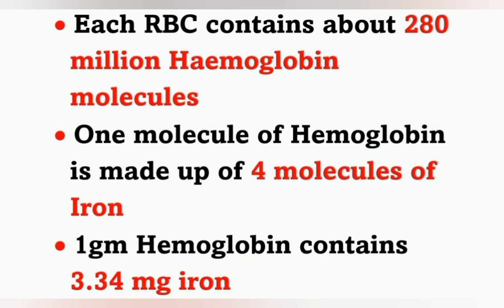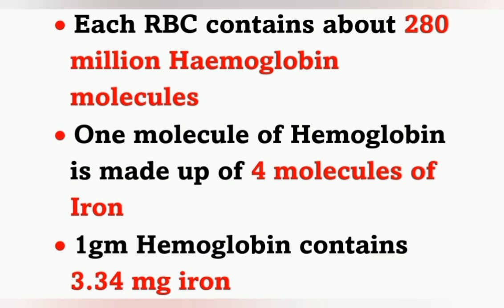And next we can see each RBC, red blood cell, contains about 280 million hemoglobin molecules. So one RBC contains 280 million hemoglobin molecules, and one molecule of hemoglobin is made up of 4 molecules of iron.